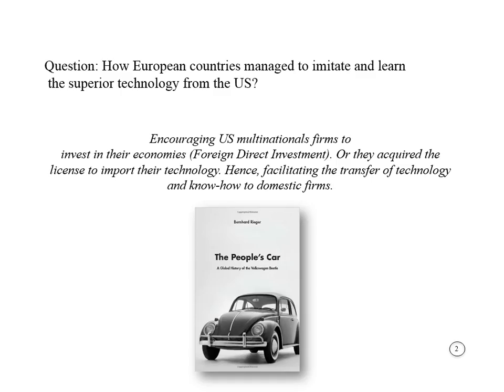And this is one of my favorite books. The story of Volkswagen, the Beetle, is the story of catch-up. Adolf Hitler was envious of Henry Ford, because he thought that the Americans were the leading car producers, and he wanted to produce a people's car for Germans, homogenized.